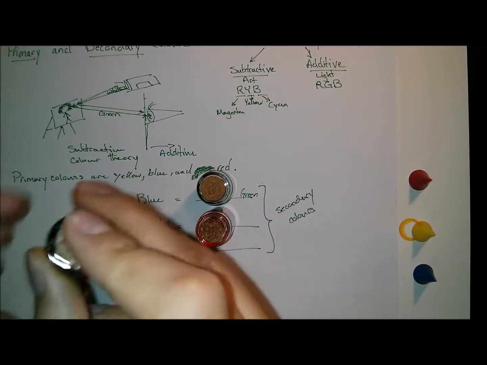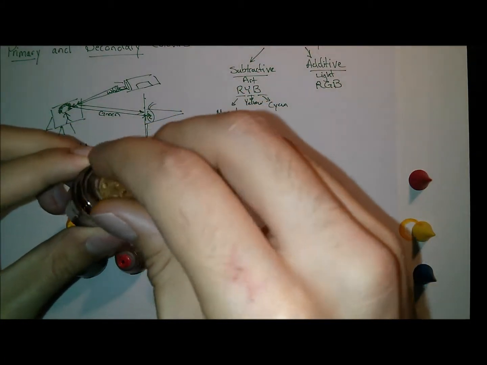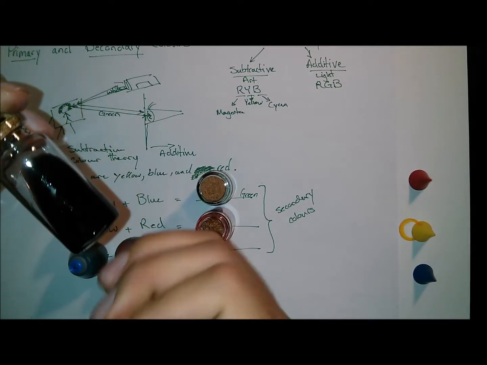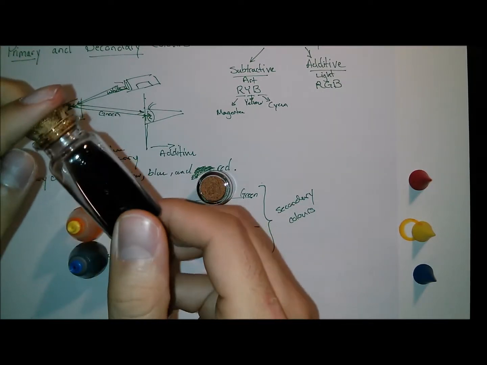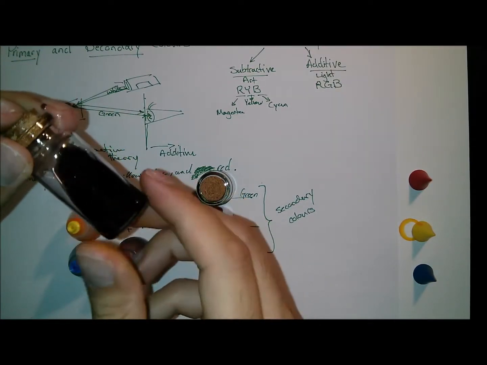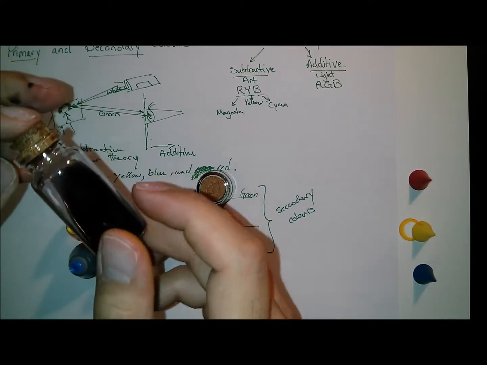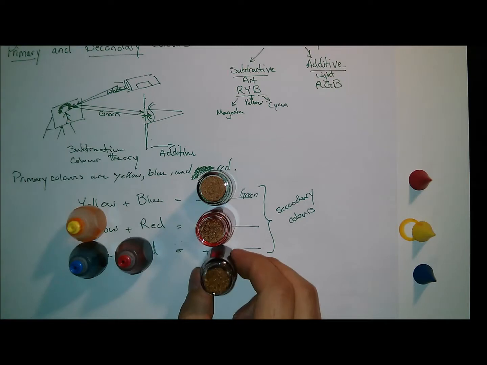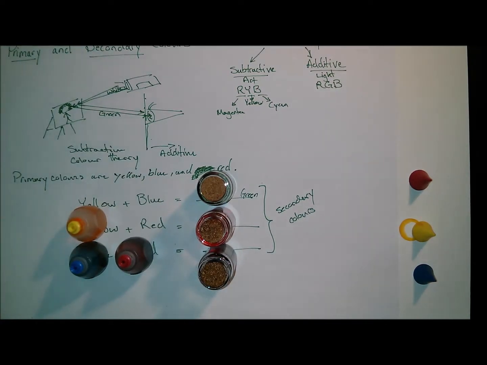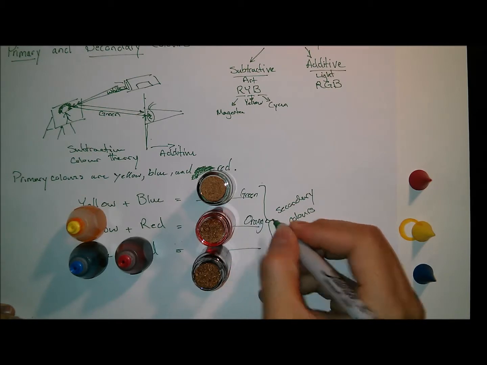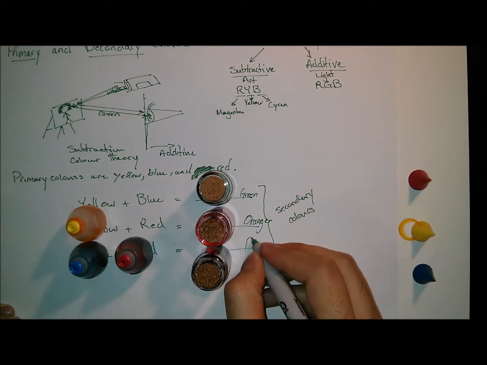You don't have to give it that much. Let's keep the cap on it. What you should see is purple. I'm not sure if you can really see it. It's kind of dark purple. In a second I will show it to you in more detail. So this is orange, the secondary color, and purple.